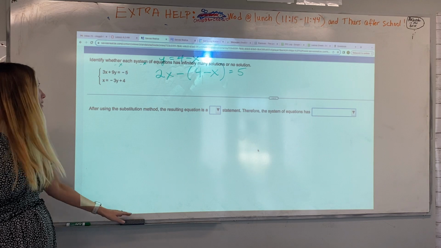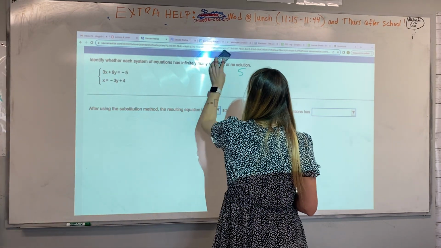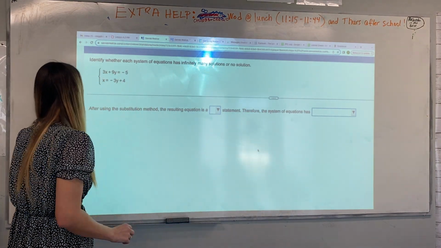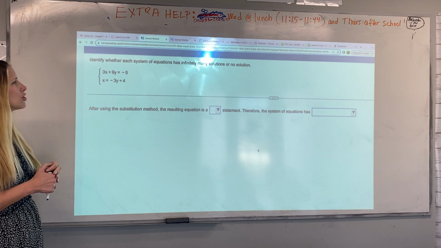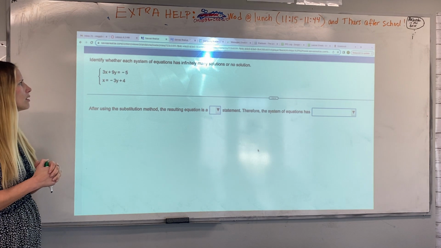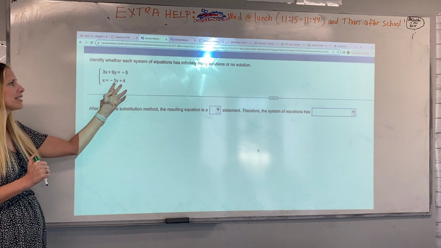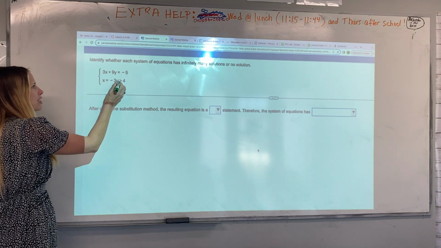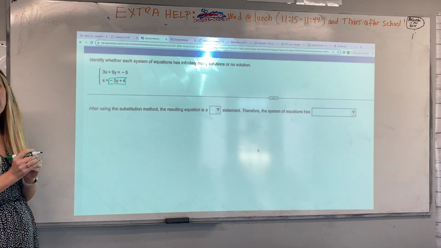Okay, for the next one it says, identify whether each system of equations has infinitely many solutions or no solutions. It says solve by substitution. Oh good, it's already solved for one of the variables. We have an expression that is the equivalent value of x.